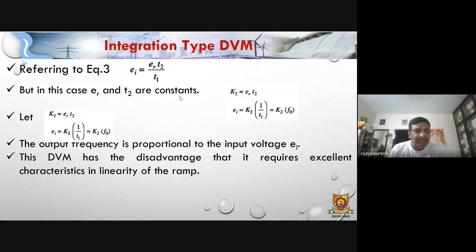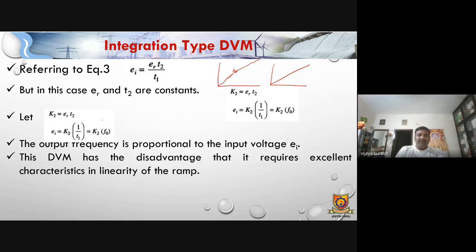And here we have one disadvantage, that it requires excellent linearity of the ramp signal. So every time we are saying the ramp signal should be properly linear. It should not vary. If you observe the ramp signal, strictly it should not have any changes like this. Strictly it will move linearly. So linearity in the ramp is essential.